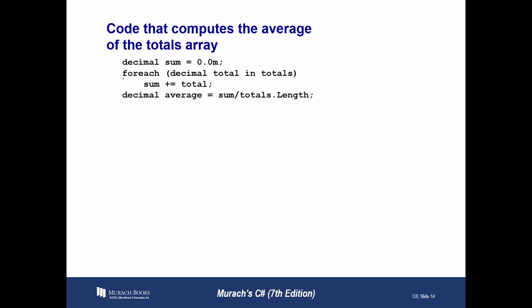So if we compare now, go back to the for each, and we look at this, we're saying decimal, okay, total in totals. Okay, it's a different thing. And here's the interesting thing. I'm calling the length on totals with the S. Okay, so I'm getting my sum, which is a product of this calculation here or this operation here, and I'm dividing by the number of the totals.